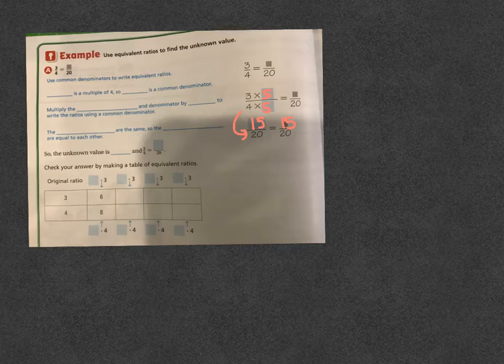So over here where they asked to use common denominators to write equivalent ratios, 20 is a multiple of 4, so 20 is a common denominator. Multiply the numerator and denominator by 5 to write the ratio using common denominator. That's what we did here. And then the ratios are the same, so they are equivalent.